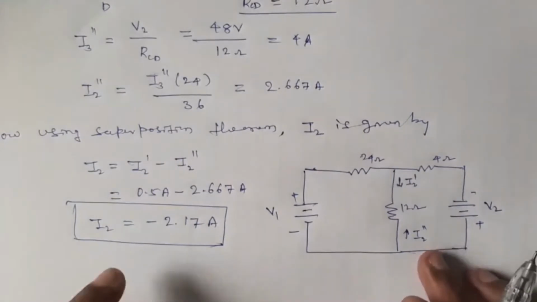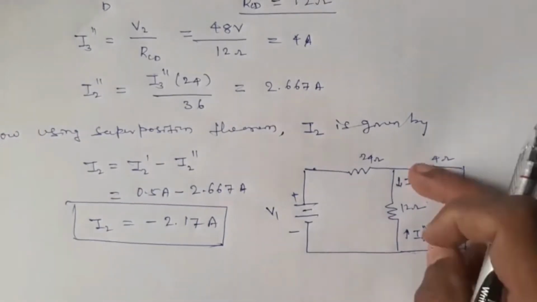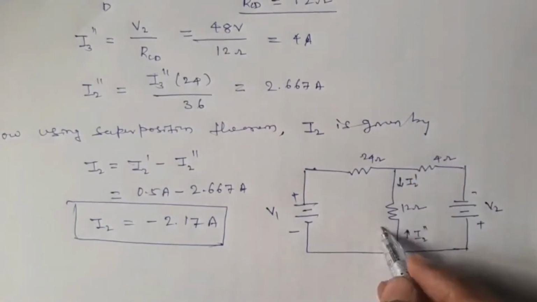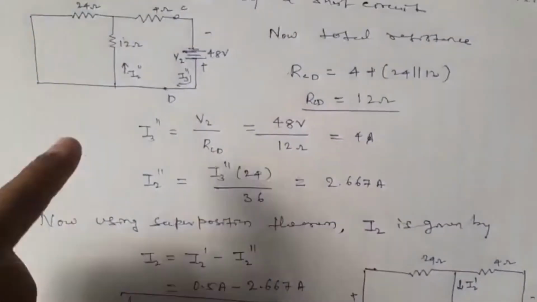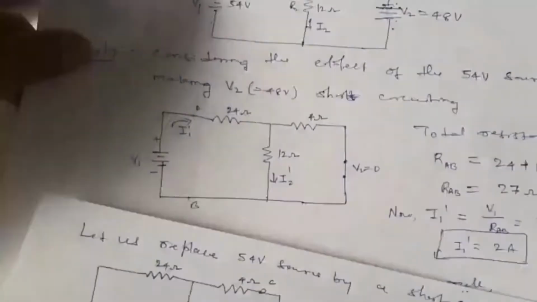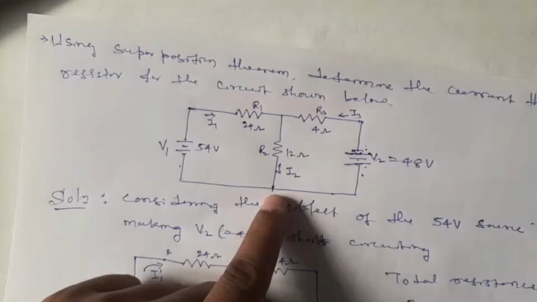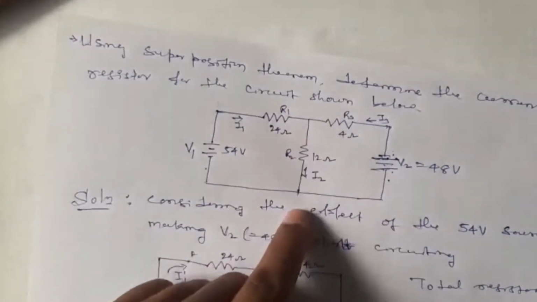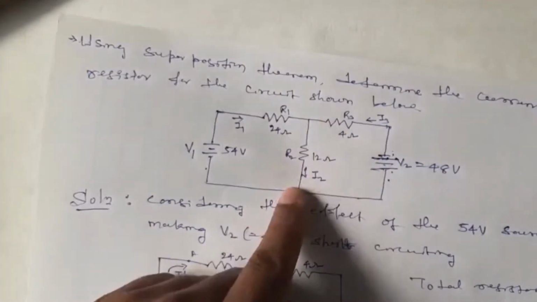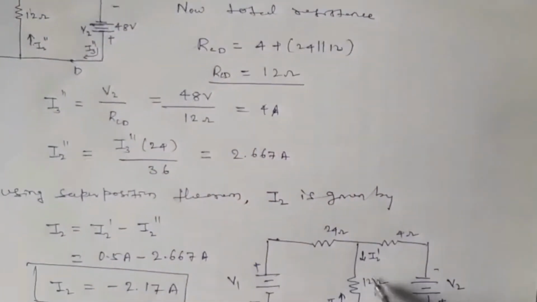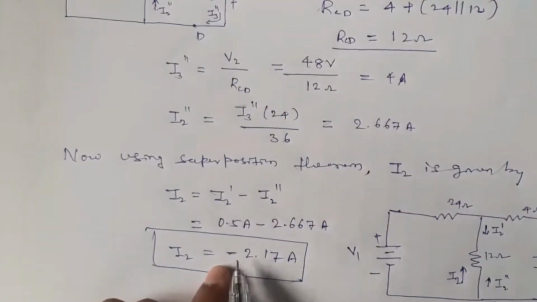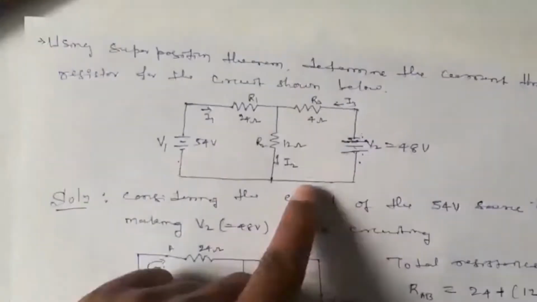Because I2 double dash is more than I2 dash, obviously the main current I2 will flow in this direction. In the given circuit, I considered I2 from top to bottom, nothing but downward. But the actual current is flowing like this, so you got a negative sign. The negative sign indicates that the actual current is in the opposite direction of the assumed current.